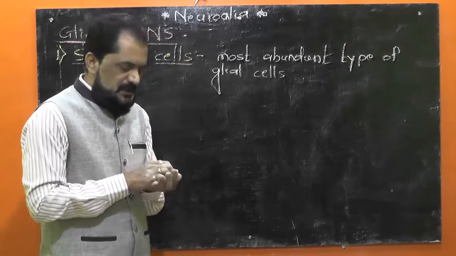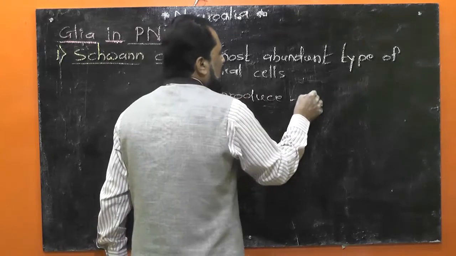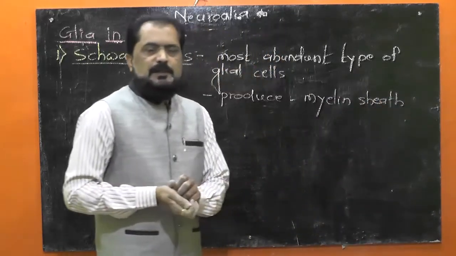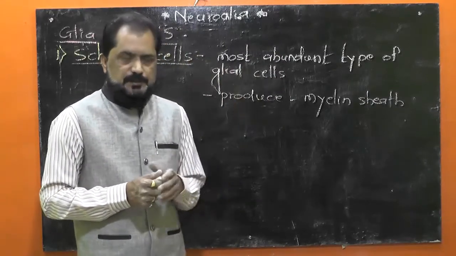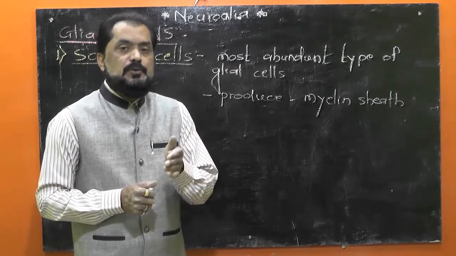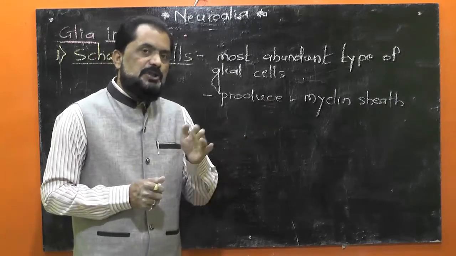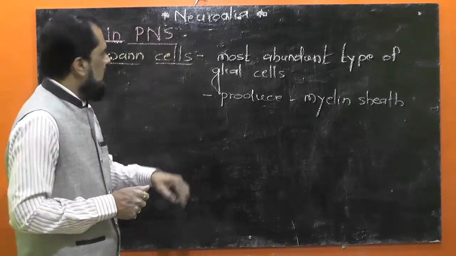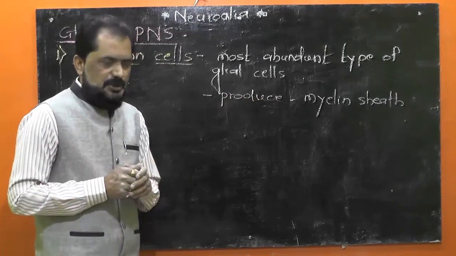And these Schwann cells are also responsible to produce the myelin sheath, medullary sheath. Means it is analogous to the oligodendrocytes of central nervous system. ज्या पद्धतीने सेंट्रल नर्वस सिस्टीम मध्ये ऑलिगोडेंड्रोसाइट्स या प्रकारच्या ग्लियल सेल्स मायलिन शीथ, मेडुलरी शीथ तयार करतात, त्याच पद्धतीने पेरिफेरल नर्वस सिस्टीम मध्ये the Schwann cells are responsible for the production of myelin sheath.